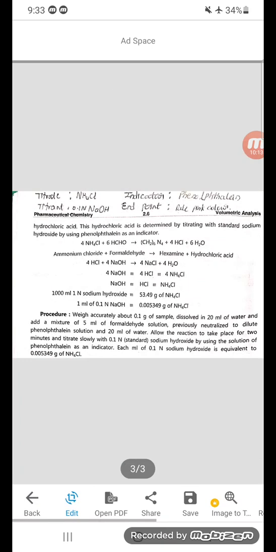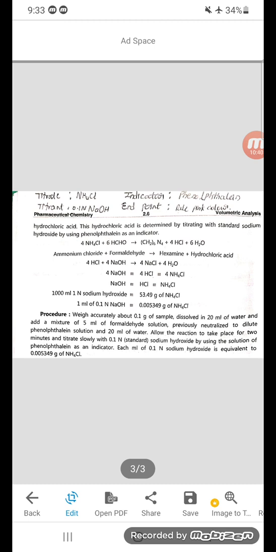This hydrochloric acid is determined by titrating with standard sodium hydroxide using phenolphthalein as an indicator. You can notice the reaction here: four molecules of ammonium chloride react with 6 molecules of formaldehyde, which forms hexamine and also 4 molecules of hydrochloric acid.